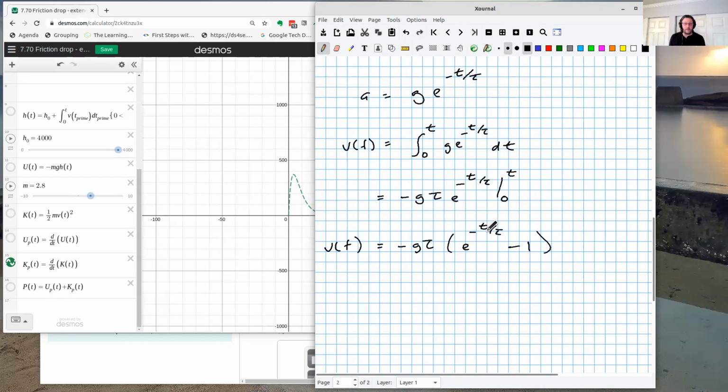If the time goes to infinity, then this factor is going to become 0 because you have e to the minus huge number. Subtract 1, so that becomes g tau. There's a constant value for the velocity in the limit. So the limit as t goes to infinity of v is plus g tau. That's a magnitude.